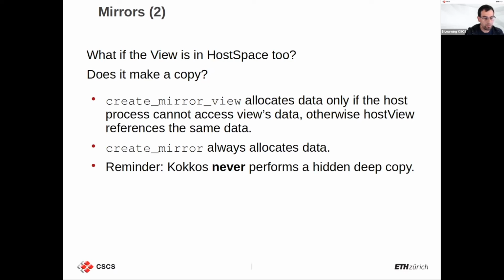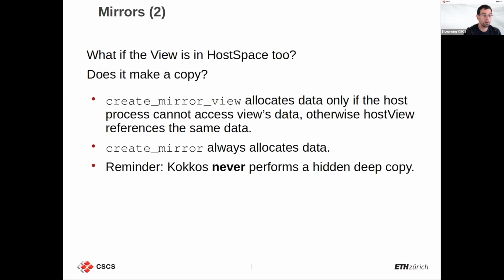Probably we have talked about working on GPUs, but what happens in case I'm using the mirror on a CPU? Am I going to have a deep copy also on the CPU, considering that the mirror view is fully on the host?